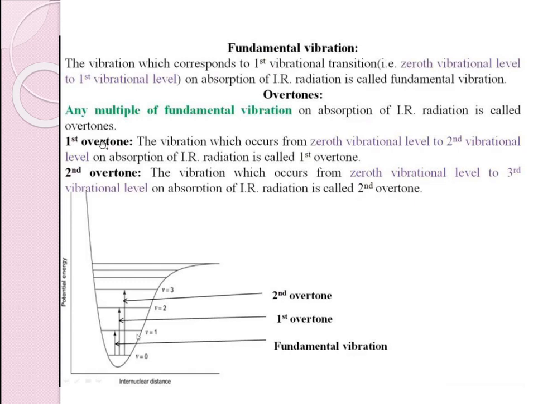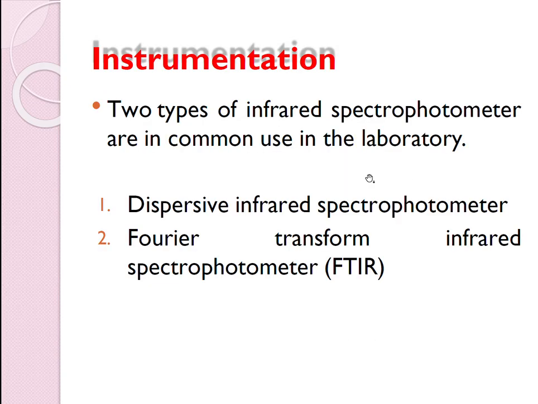Then overtone, any multiple of the fundamental vibration on absorption of IR radiation is called overtone. So first overtone, second overtone. The vibration which occurs from the zeroth vibrational level to the second vibrational level is called the first overtone, and the second overtone is the vibration which occurs from the zeroth vibrational level to the third vibrational level on absorption of IR radiation.